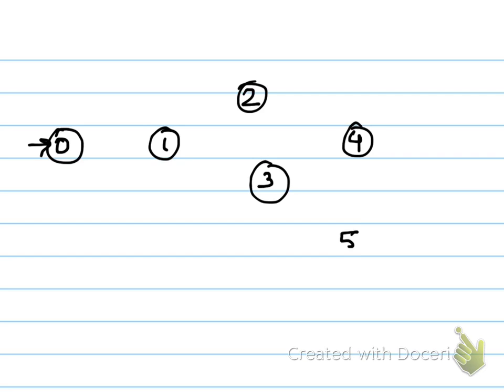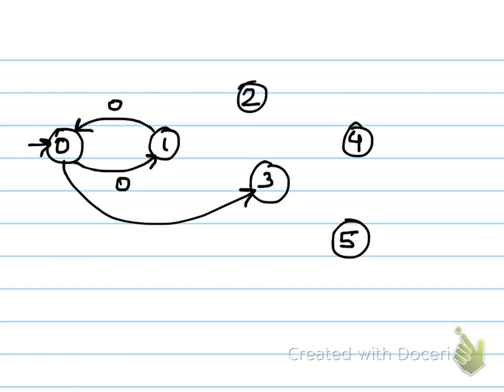So I have states 0, 1, 2, 4, 3, and 5. On 0, this goes to here, and this on 0 goes to this. State 3 on 0, on 1 goes to 3, and 1 on 1 goes to 3. 3 is a final state, 5 is a final state.